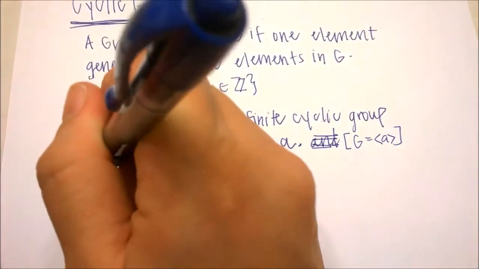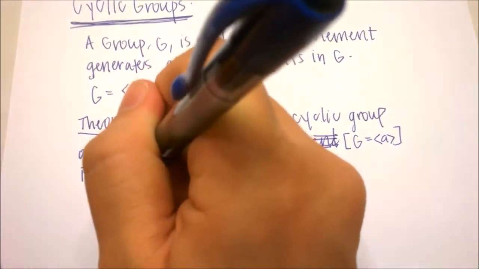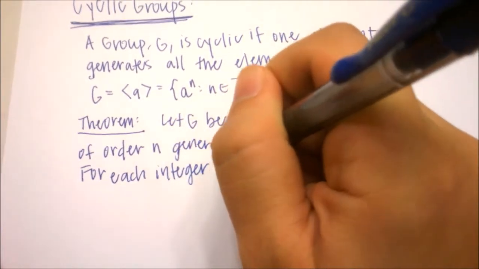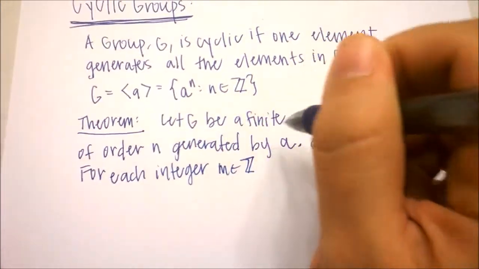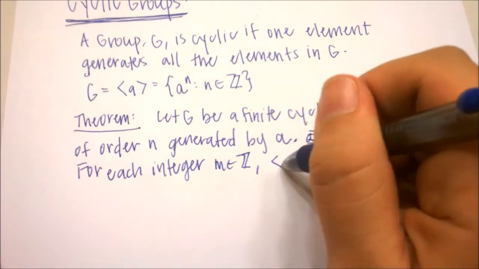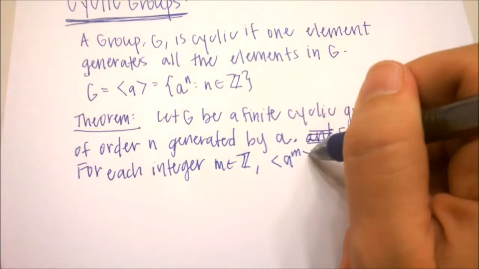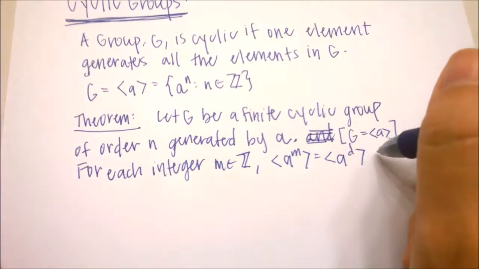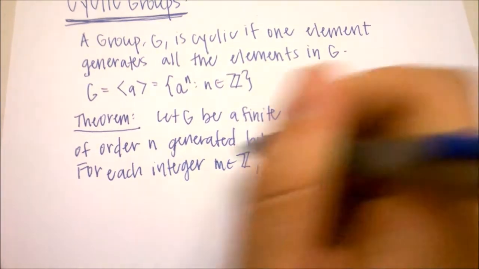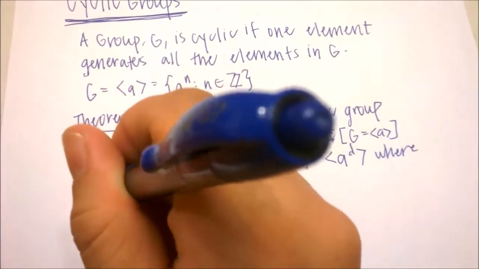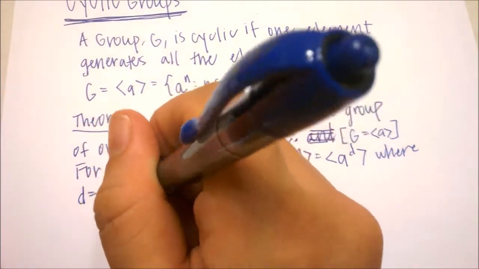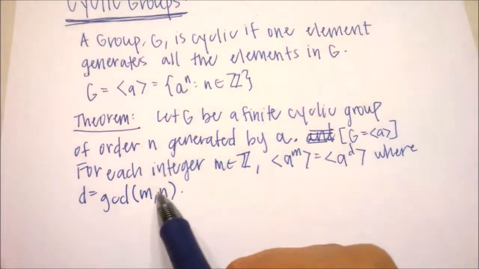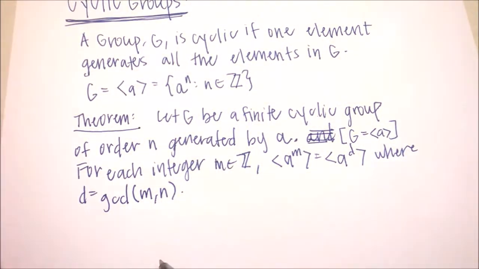So for each integer m in Z, the group generated by a^m is equal to the group generated by a^d, where d is equal to the GCD, the greatest common divisor, of m and n. Remember, n is the order of G.